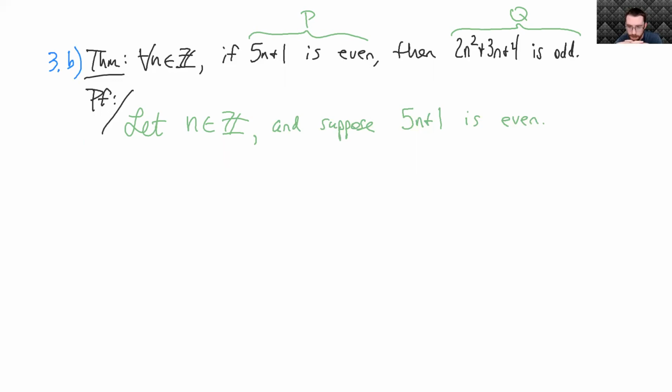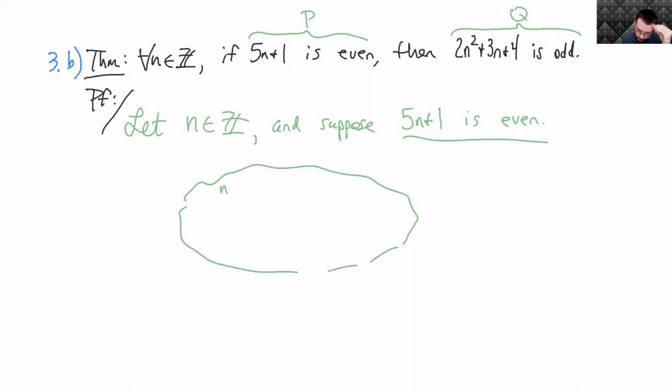What does that mean? So let's think about some cases where 5n plus 1 is even. Like, let's think of some numbers n that could make that even. Well, here is my thought bubble. What about n equals 0? Does that work? Well, that would be 5 times 0 plus 1, which is 1, so it doesn't work. What about n equals 1? Well, 5 times 1 plus 1 is 6, so that does work.